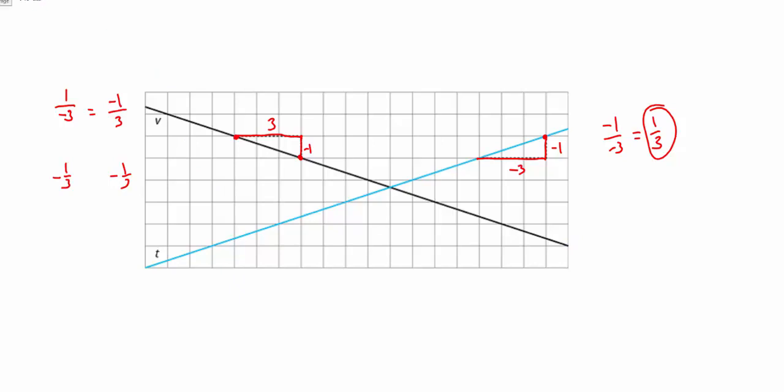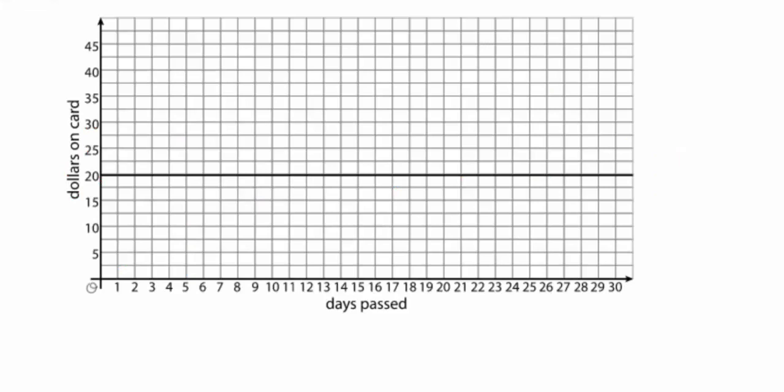Let's look at another graph. So this graph is showing Han's fare for the month of July. What do you notice about this graph? What do you wonder about this graph? Some of you said that, well, Han doesn't use his card at all.